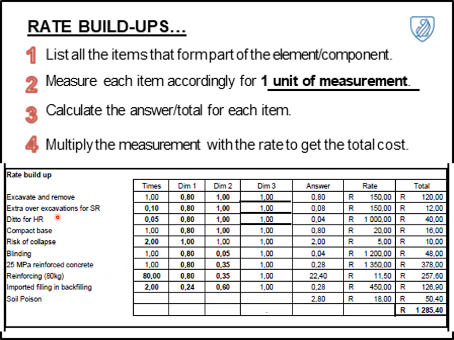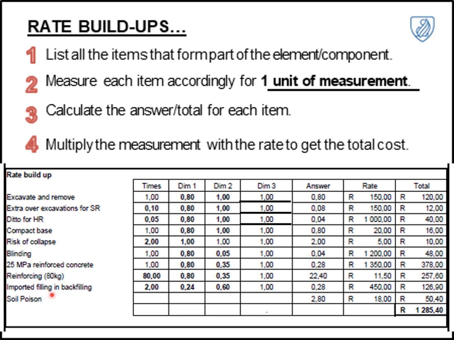Your hard rock, soft rock is usually a percentage, so it's just your timesing, and then you use your excavation dimensions to calculate that. You should be familiar with that. And then I'm just looking for an item that is only one dimension. Soil poisoning is also square meter.